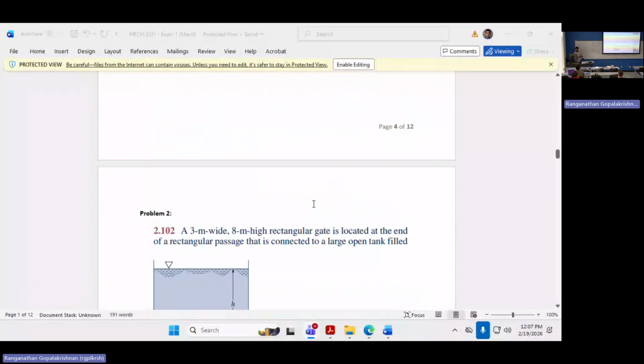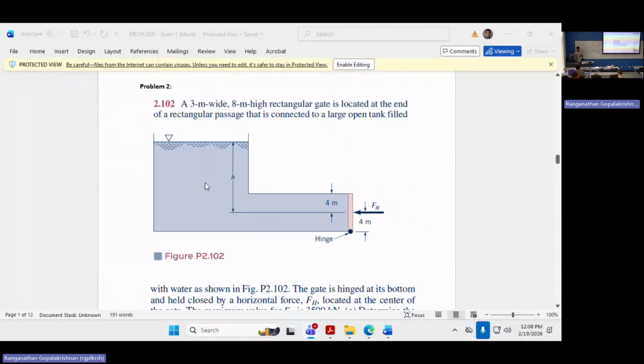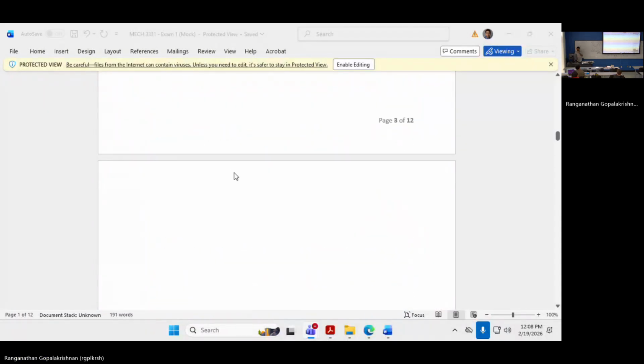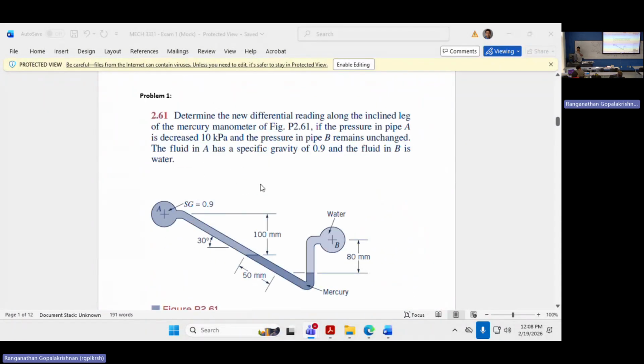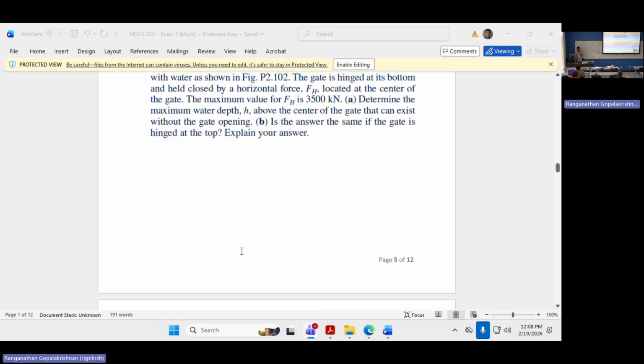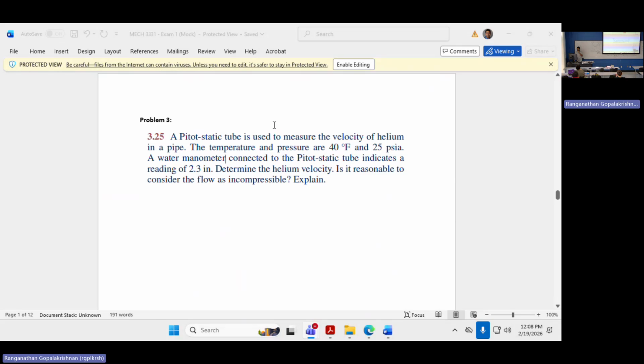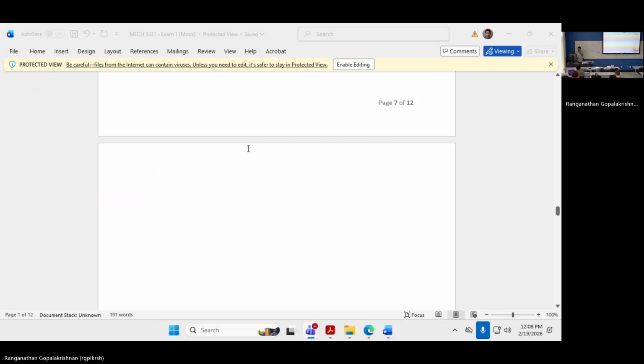All right. So this is problem 2 in the mock. We just did that. Problem 1 was, we are going to do problem 1 now, the inclined manometer. And then problem 3 is the pitot-static tube using the Bernoulli equation. Okay, we discussed this last lecture.